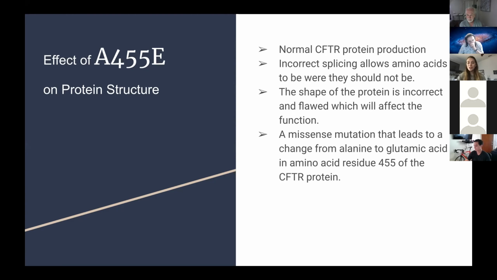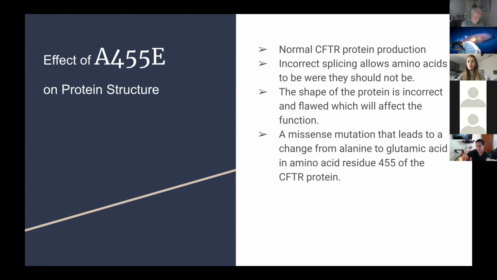A mutation in the gene, or the blueprints of how to make the protein, usually leads to a change in protein structure. Proper protein function relies heavily on the shape of the protein. Mutations typically change the structure of the protein, which has an impact on the function. Our mutation affects transcription, which leads to improper splicing. This allows incorrect amino acids to be in the chain where they should not be.